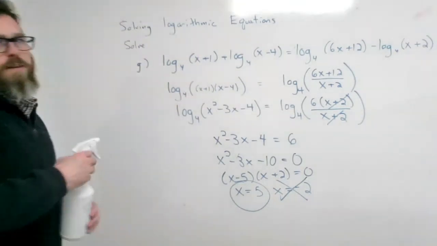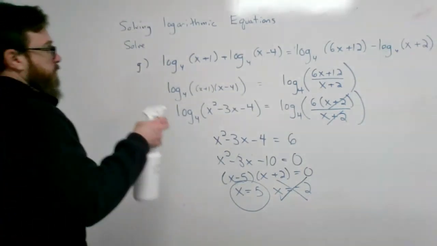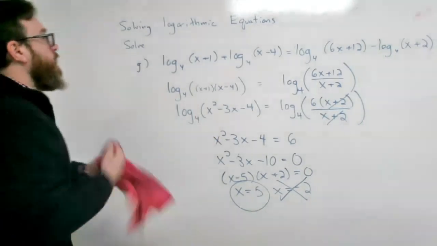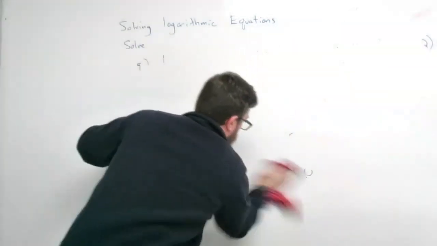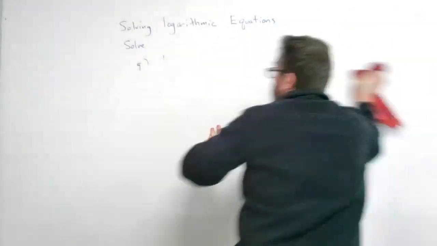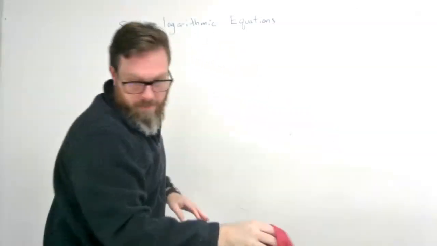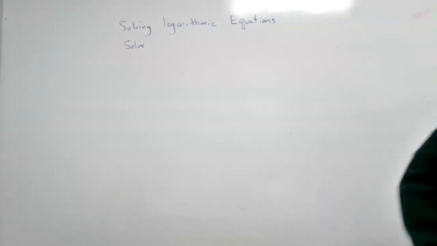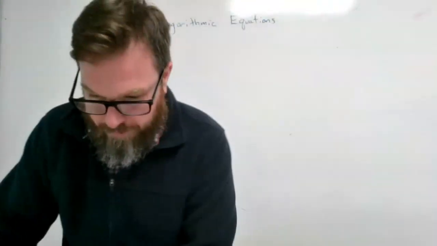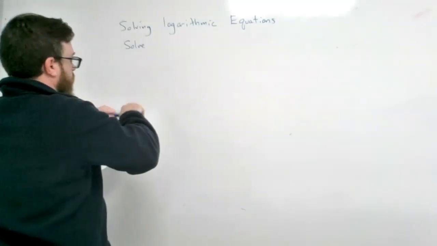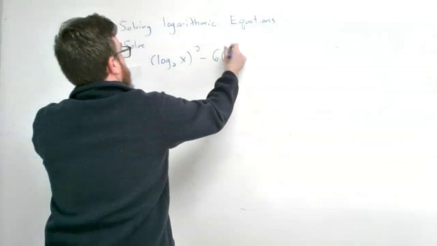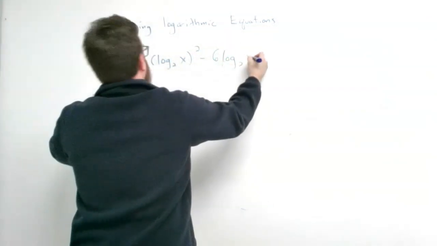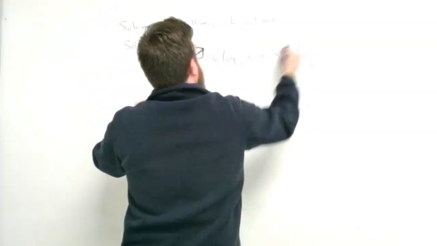Now our last one: what happens if I have a logarithm that is composed with a quadratic equation? So solve log base 2 of x squared minus 6 times the log base 2 of x plus 8 is equal to 0.